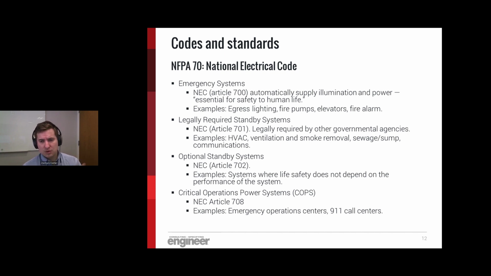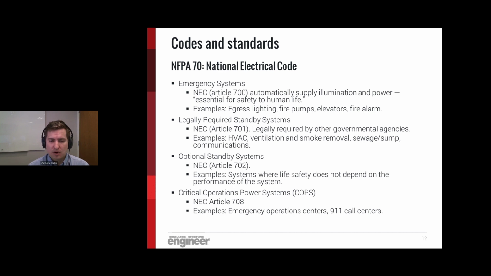I had my 700, which was my egress lighting and things that get folks to egress safely out of the building. But then I had a lift station for the wastewater within the facility. It didn't make sense for that to be on the emergency system, and it definitely wasn't an optional system. So that's where it fell right into the legally required system. Those are to come online within 60 seconds of the generator starting.